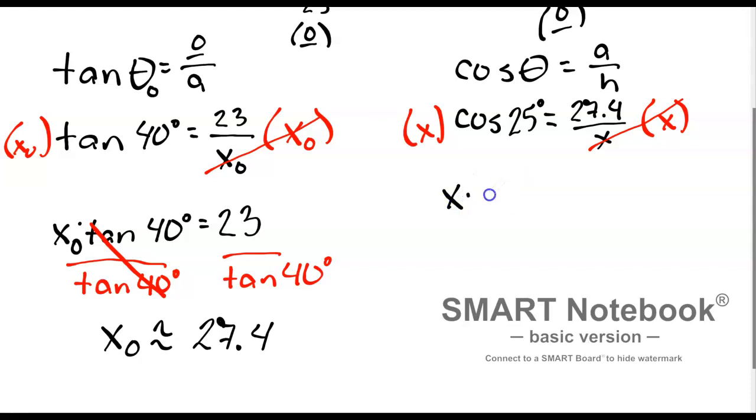So I have x times cosine 25. I want to solve for x, so since I'm multiplying times cosine 25, I have to do the opposite and divide.